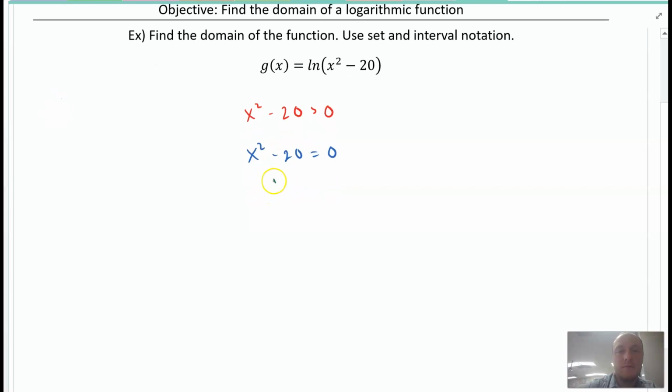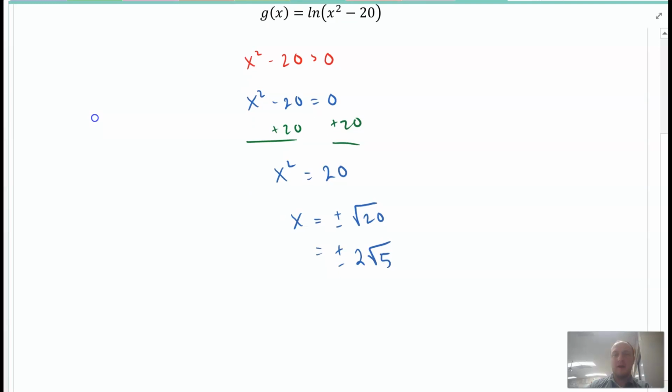Okay, so add 20. We get x squared is equal to 20. So x is equal to plus minus root 20, which is 2 root 5. Okay, so again, these are our critical numbers.